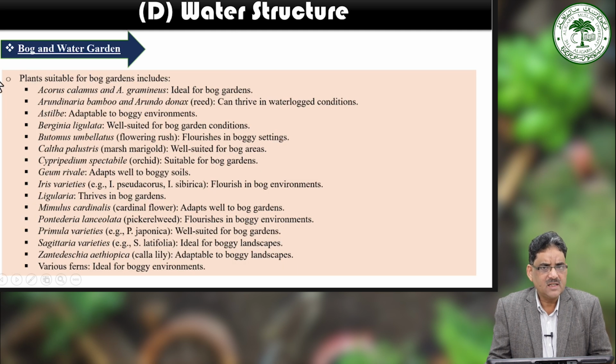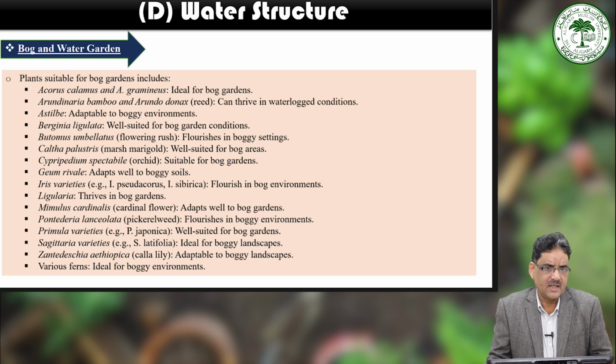A bog garden can be created by incorporating some unique plant species, and some of them are listed as follows: Acorus calamus and Acorus gramineus, Arundinaria bamboo and Arundo donax.